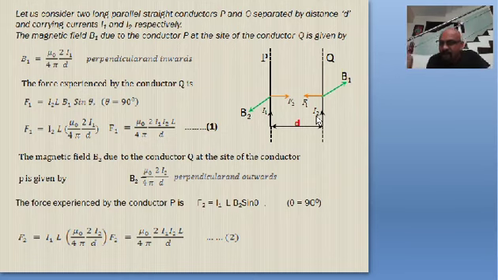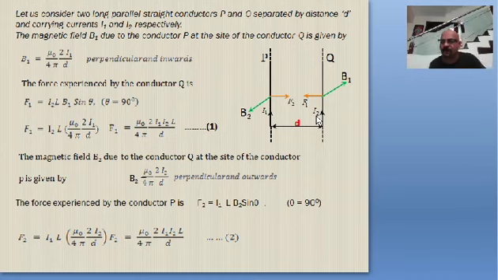You can apply Fleming's right hand grip rule. The conductor is carrying the current from the bottom to the top, and therefore the magnetic field produced is inwards. B1 is perpendicular and inwards to the plane of the paper.